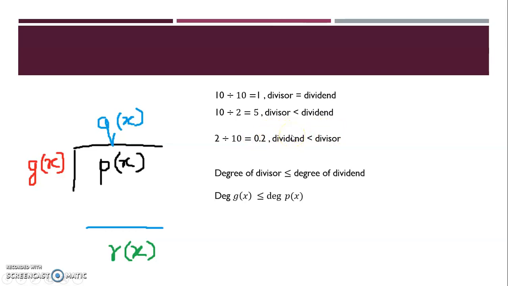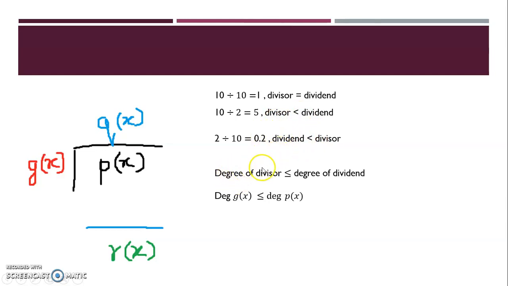But in the case of polynomials, okay, the first situation is possible. You can divide p of x by p of x, that will give us 1 and the remainder will be 0. But the third option is not possible.